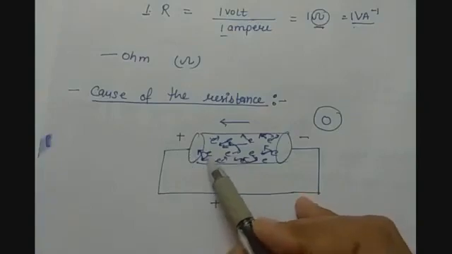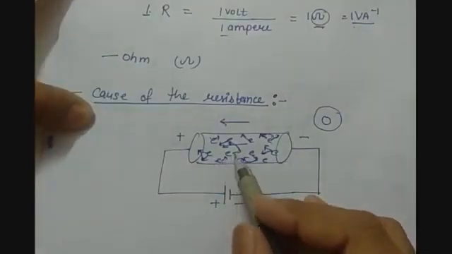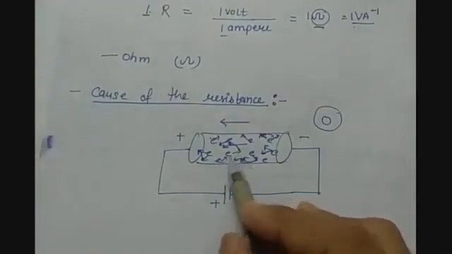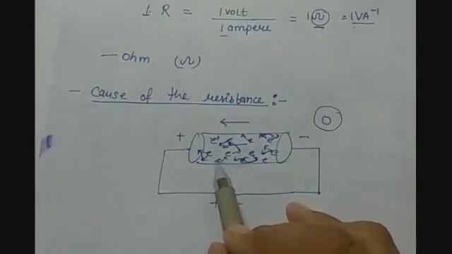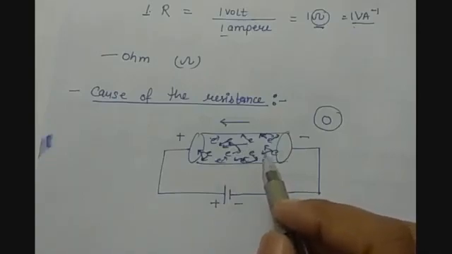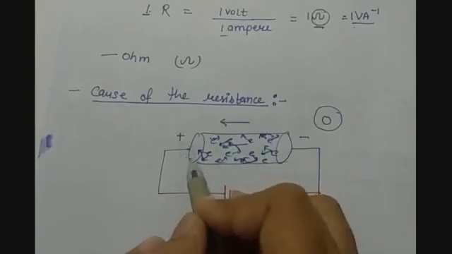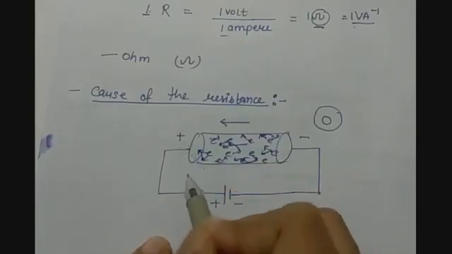Now in doing this, what happens? Because we cannot forget the atoms and the ions present in the conductor. So the electrons will strike with the atoms and ions present in the conductor, and this will cause an opposition to the flow of charge. This striking of electrons with atoms and ions will hinder the flow of electrons towards the positive terminal of the battery.